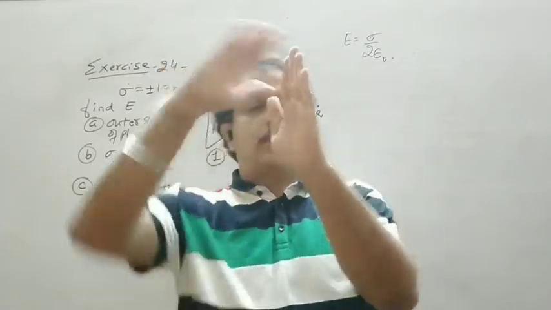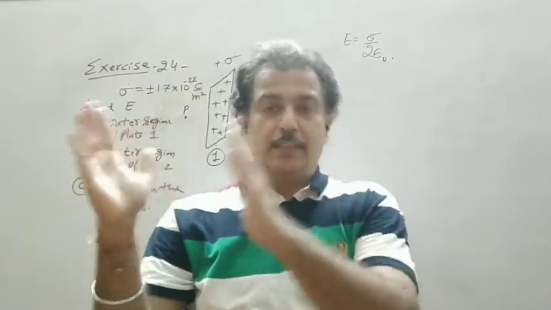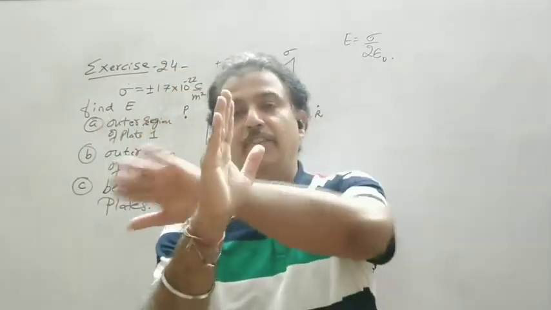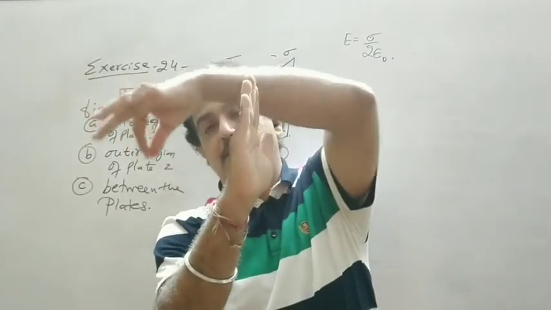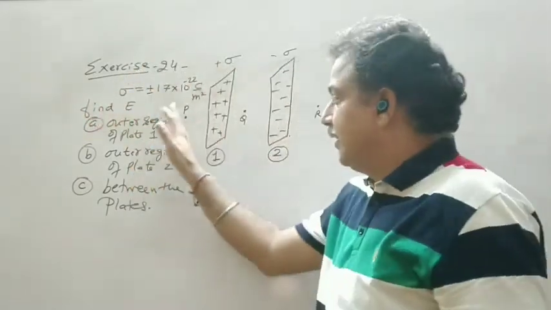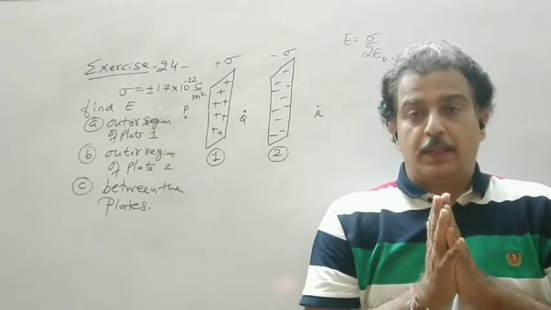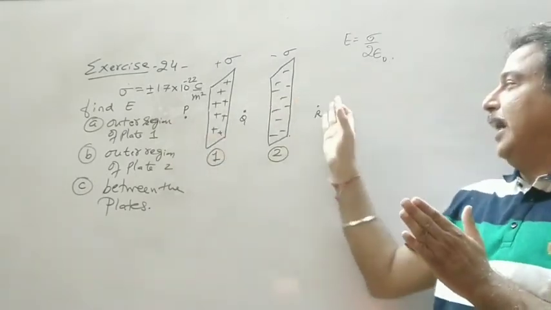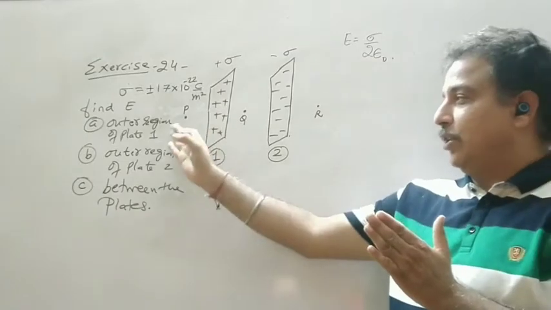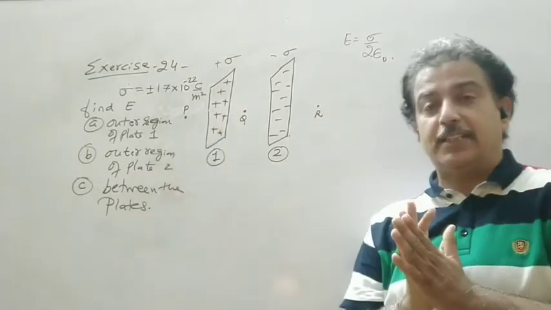Clearly there are no charges outside, as mentioned in the question. So if I keep a test charge outside, the electric field intensity will be 0 at point P and point R.